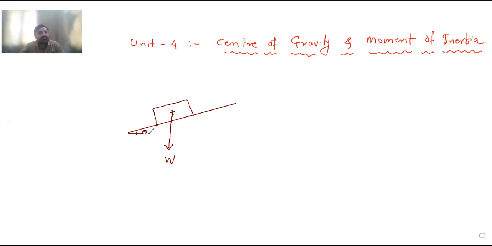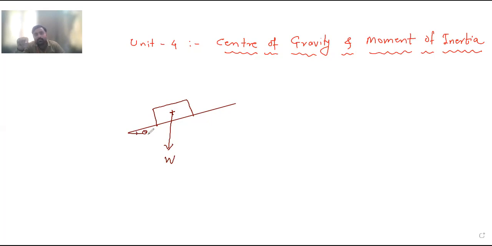But for the analysis purpose, we assume that the weight of the body is acting through a single point, and that point is called the center of gravity in 3-dimensional cases. In 2-dimensional bodies, we don't consider weight, we consider area. And that point is called the centroid.